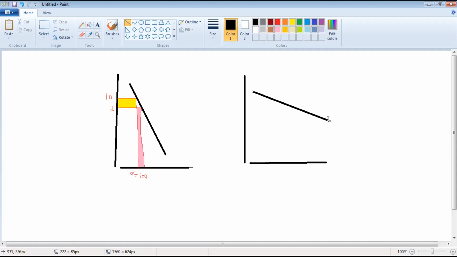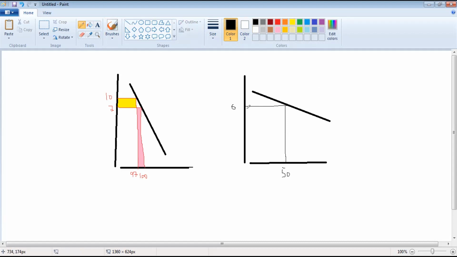Now, why are they elastic? Let's say this is the demand curve for Coca-Cola. Coca-Cola was previously, let's say, $6, and when the price was $6, maybe the demand was 50 customers.